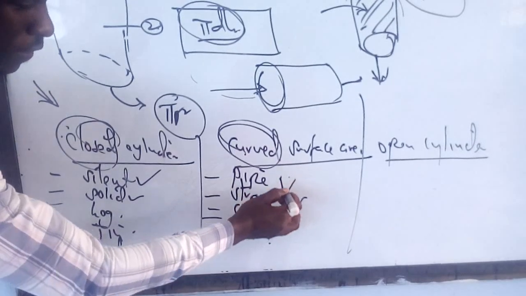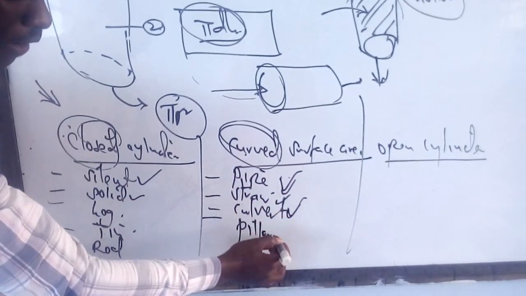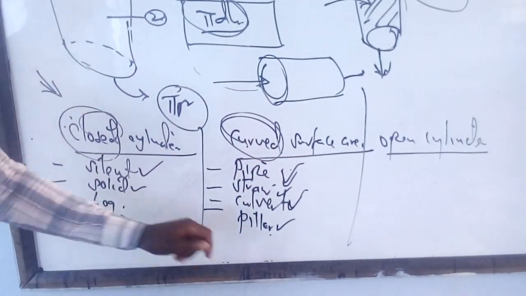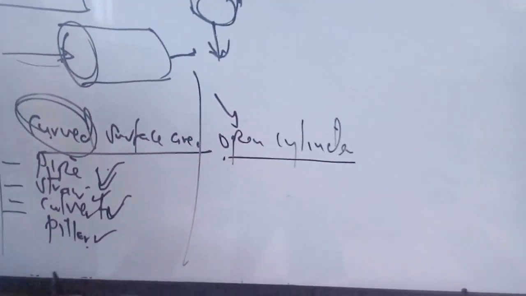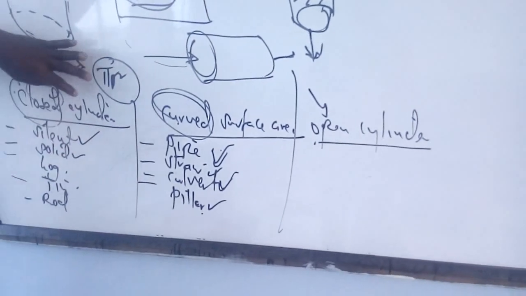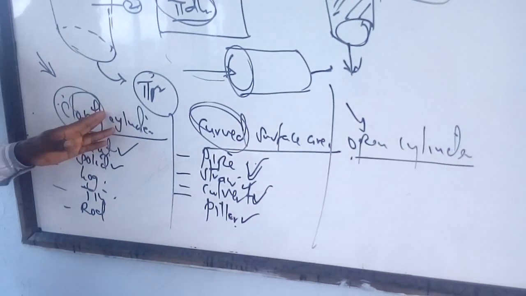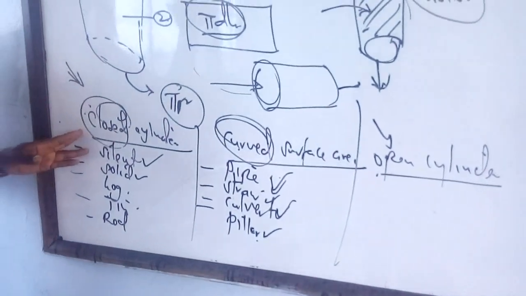So with this we have said we have a pipe, a straw, a culvert and a pillar, and others as will be mentioned. Then we have open cylinders, which we will also discuss. In simple summary, a closed cylinder has all the surfaces.